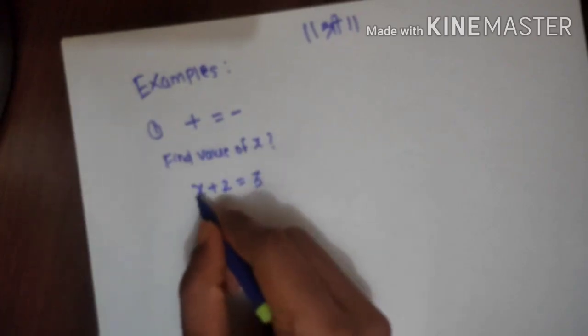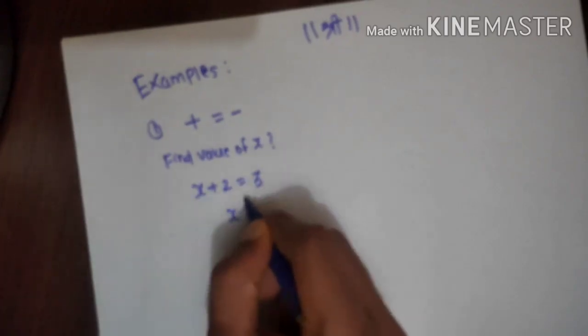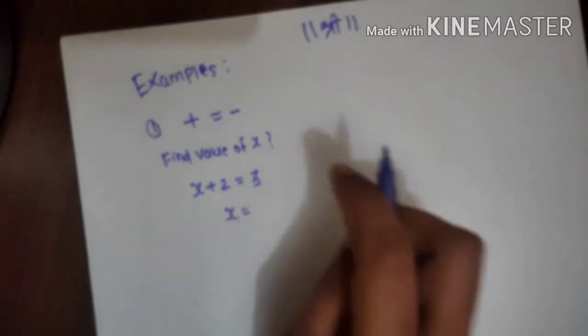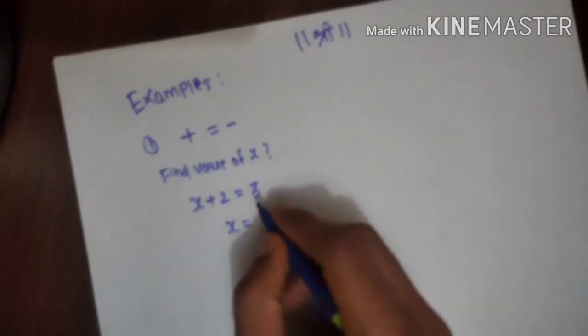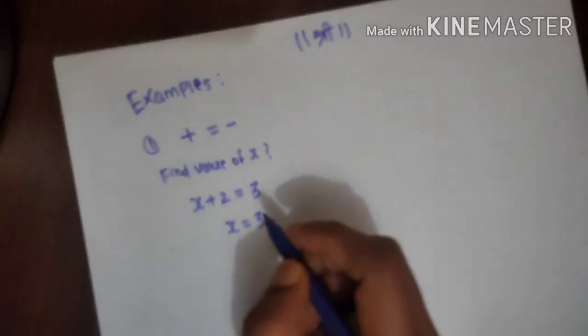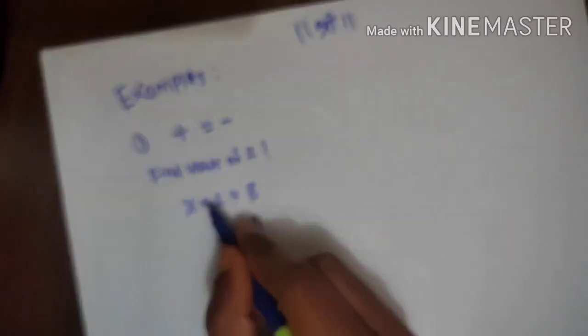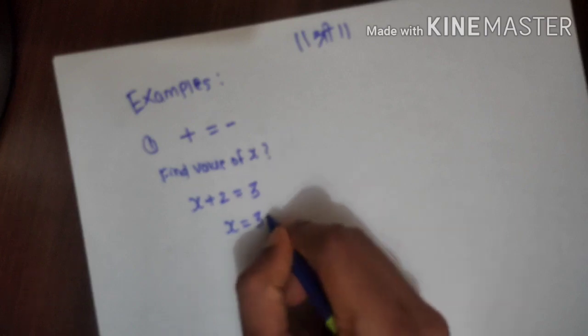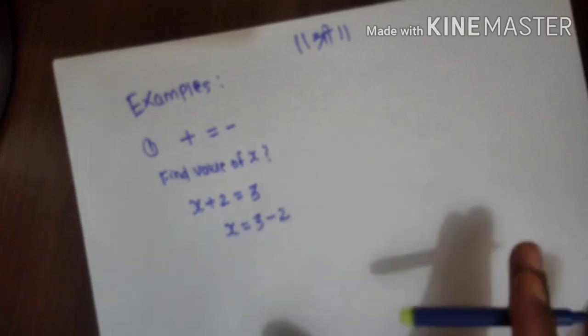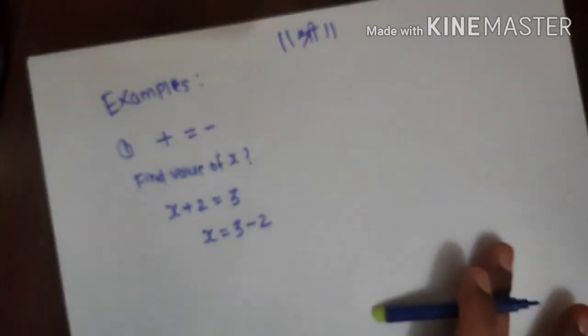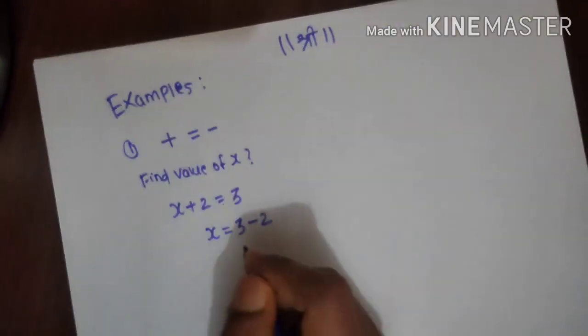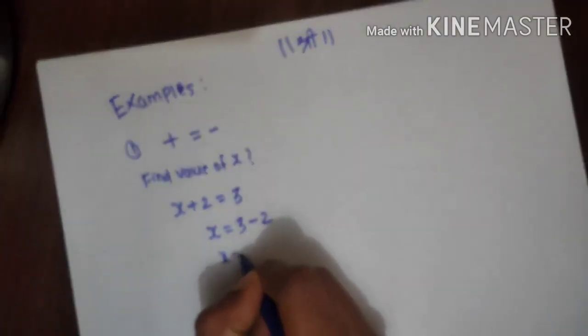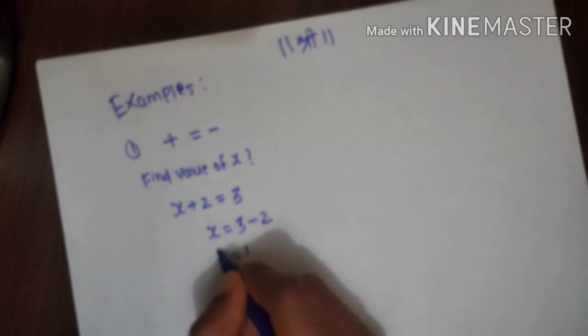So here we will write x as it is, this equal to sign as it is, this 3 as it is, and when we move plus 2 from one side to another side, it will become minus 2. So the answer will become, x value will become 1.